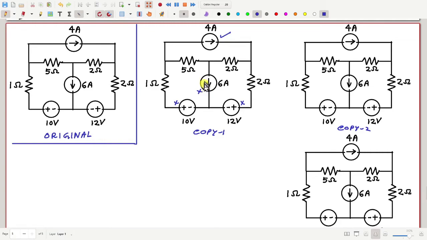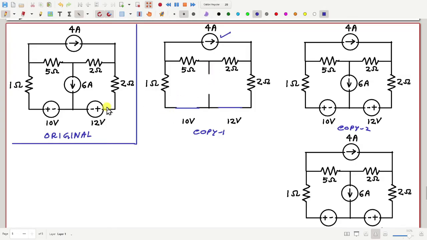We have seen that the internal resistance for an ideal voltage source is 0. So let me replace this voltage source with 0 resistance. Similarly, this voltage source I will also replace with 0 resistance. And this is a current source. Current sources have infinite resistance, so let me replace it with infinite resistance or open circuit.